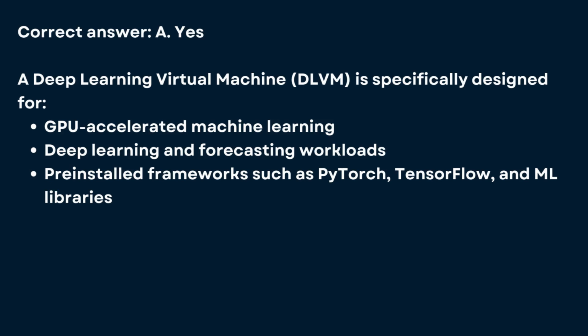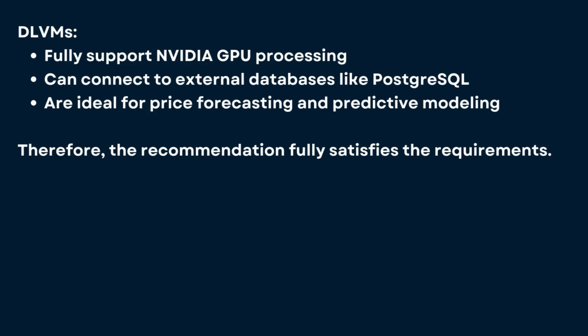It comes pre-configured with popular deep learning frameworks such as TensorFlow, PyTorch, and other machine learning tools. A DLVM fully supports NVIDIA GPU processing, which is required for this workload. It can also connect to external databases such as PostgreSQL. This makes it an ideal choice for price forecasting and predictive machine learning models.